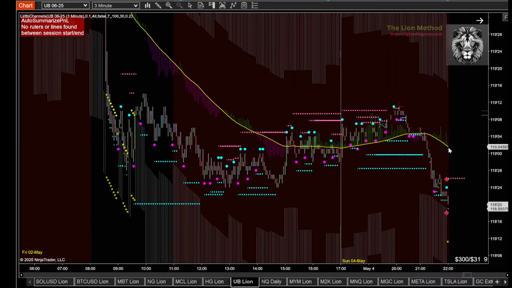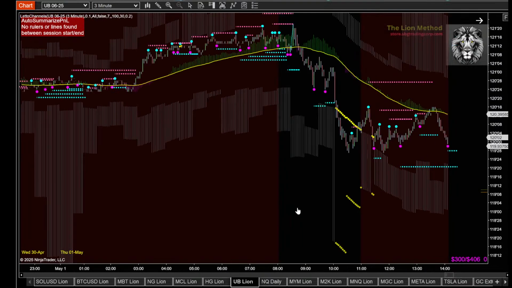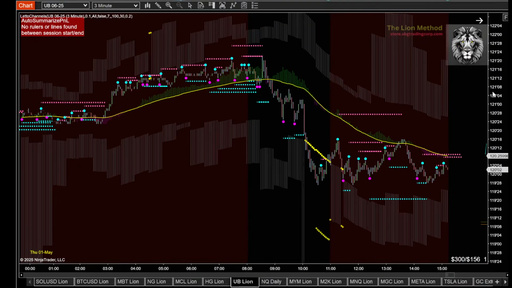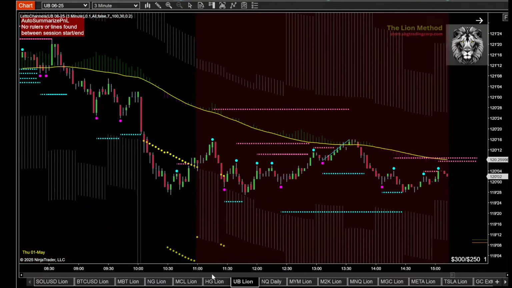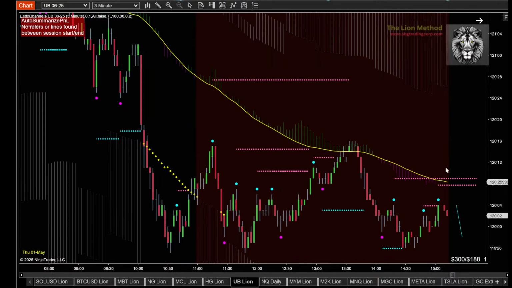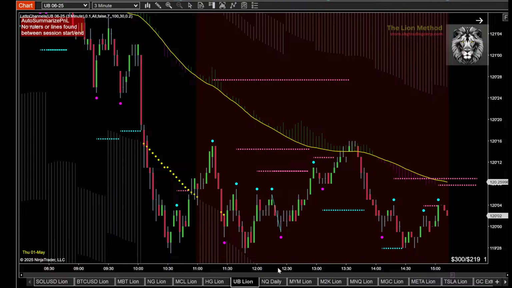All right, maybe the lion isn't good on interest rates. We're big enough, we're man enough to admit it. There's a buy setup for 2 ticks maybe. $93 trade right there.